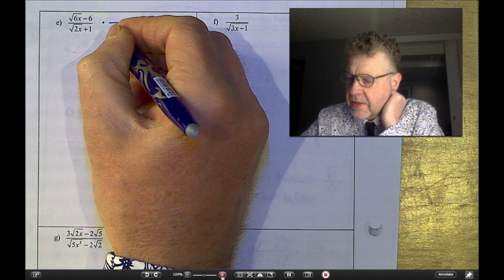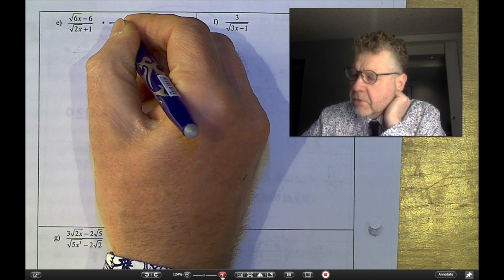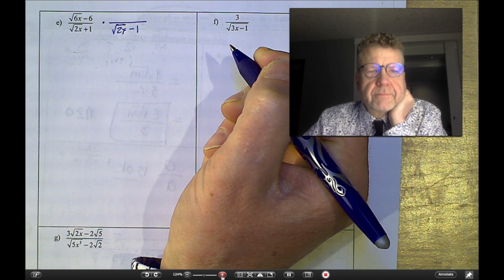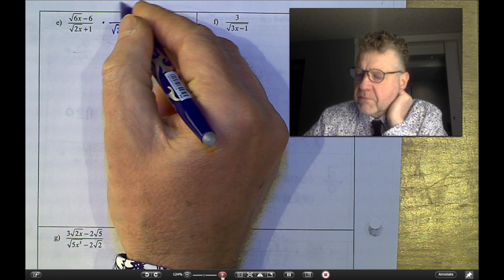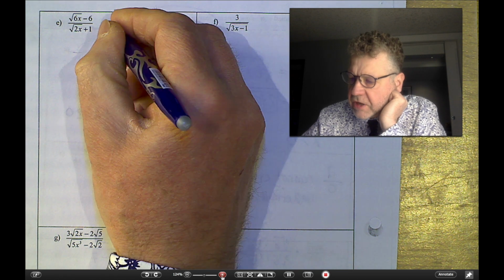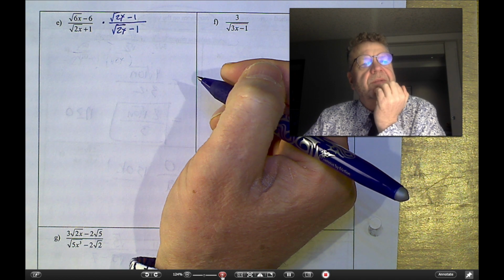So instead of the square root of 2x plus 1, you're going to multiply by the square root of 2x minus 1. And to make this all equal to 1 as well, what goes in the bottom is going to go on the top as well: square root of 2x minus 1.